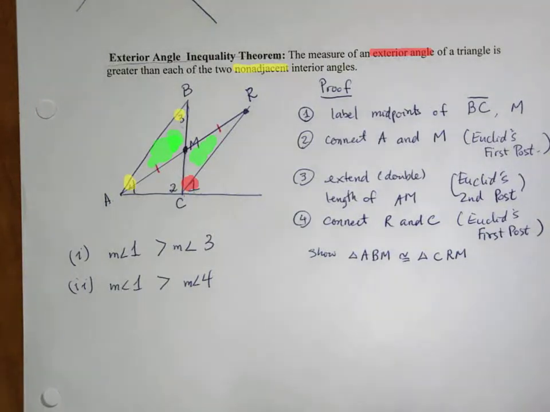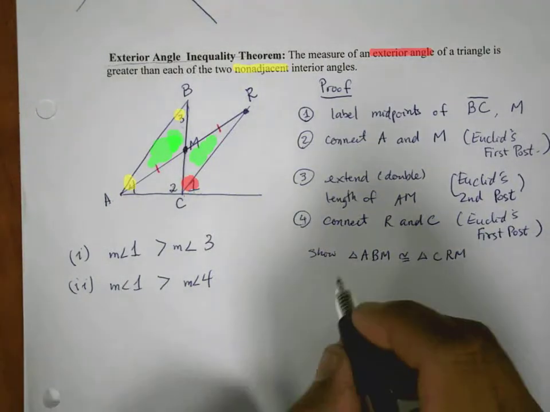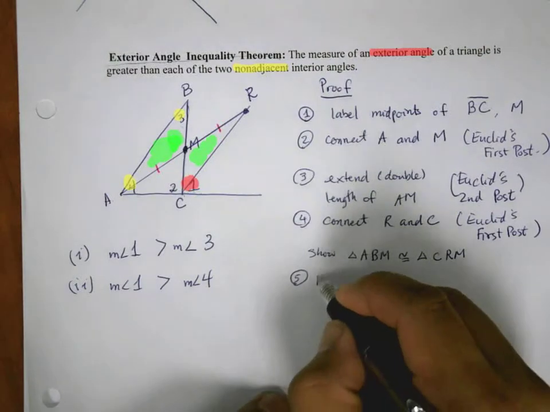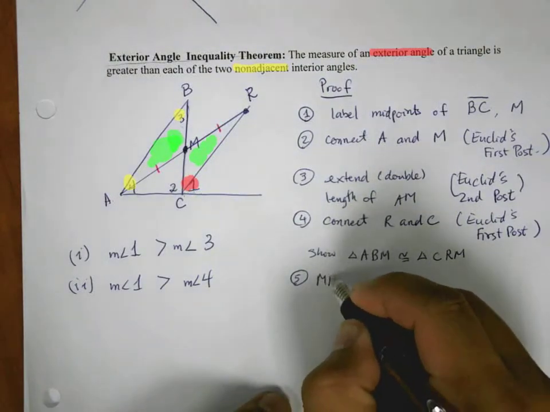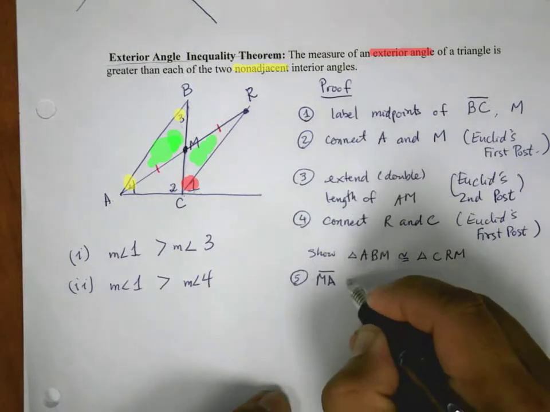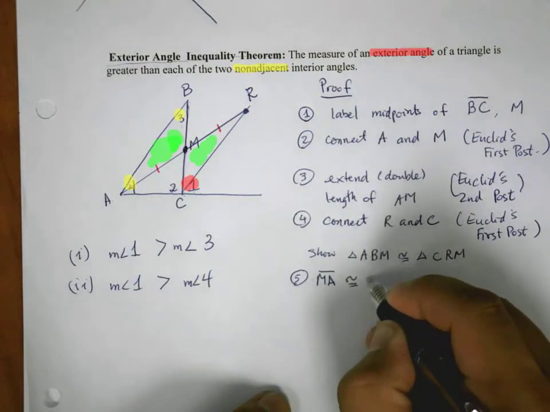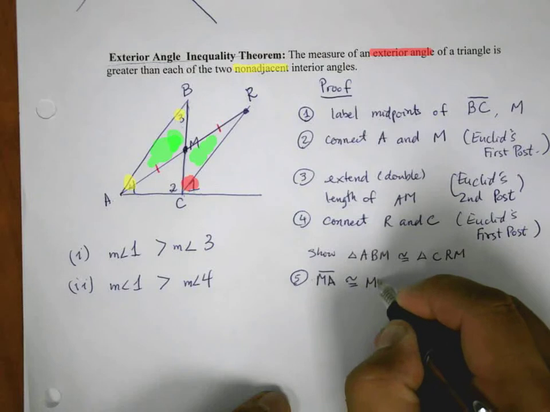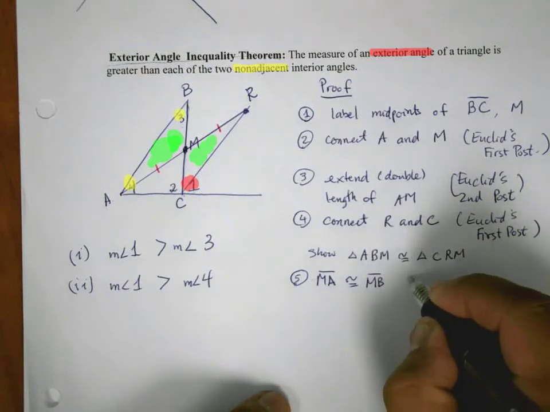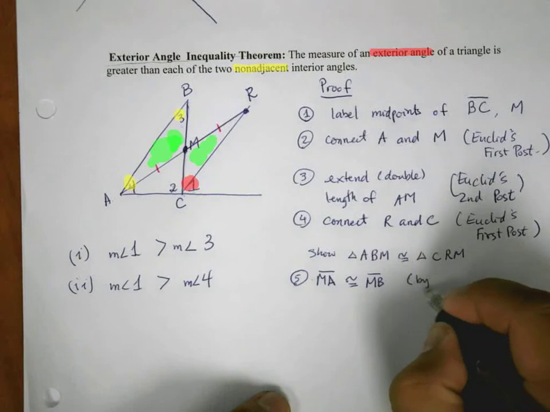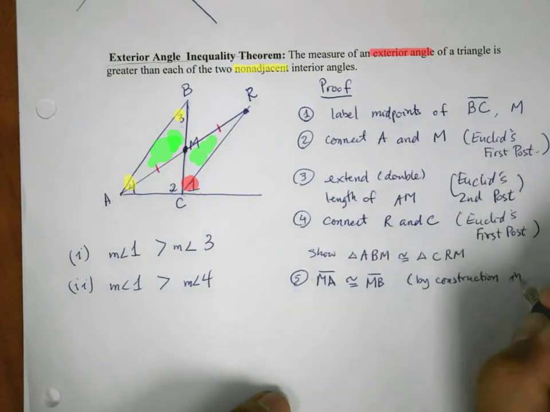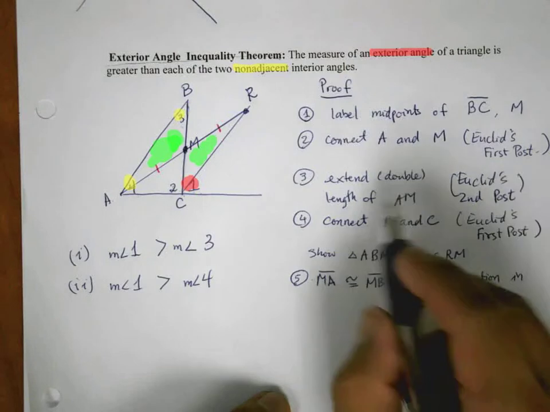So the first thing we know is step 5. We know that AM, oh, I accidentally wrote MA, so we'll just go with that. MA is congruent to MB because this is by construction in step 3. Okay.